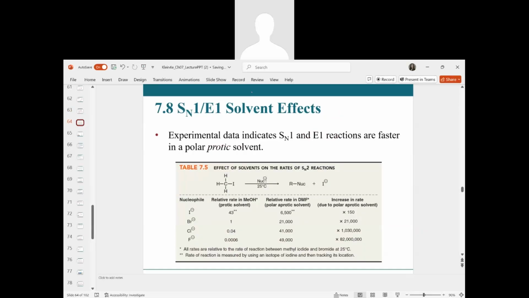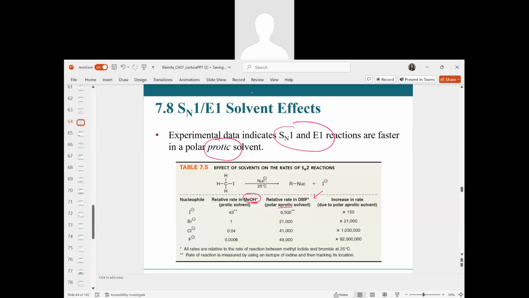We can also discuss some of the effects of solvents in this section. We should note that SN1 and E1 reactions will react faster in a protic solvent. We can look at either protic solvents, things like alcohols that have an OH in them, or polar aprotic solvents, things that do not have a hydrogen bonding type of proton, or a very different electronegativity, a very polar bond, like an OH bond.